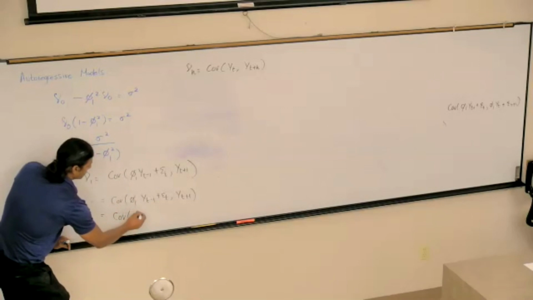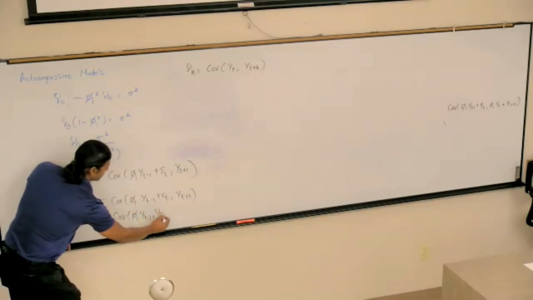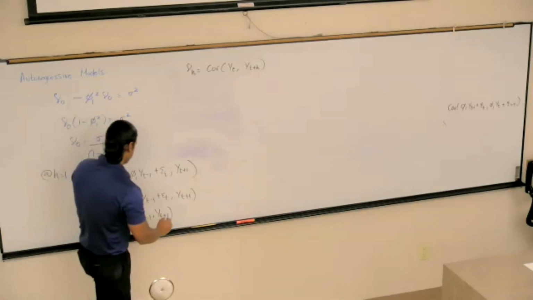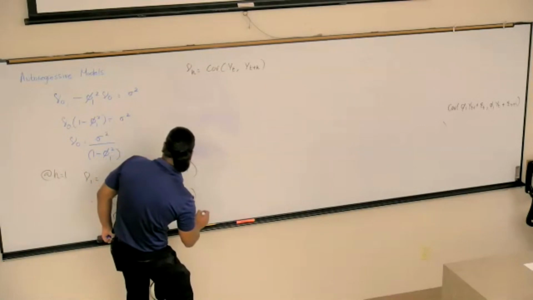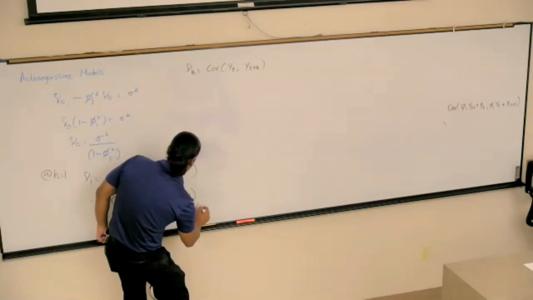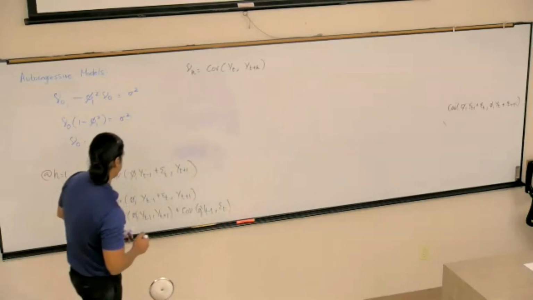So covariance of phi1 yt minus 1, comma, yt plus 1, plus covariance of yt minus 1, comma, epsilon t.